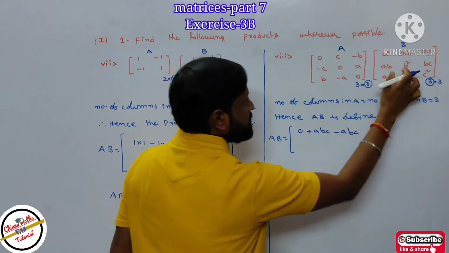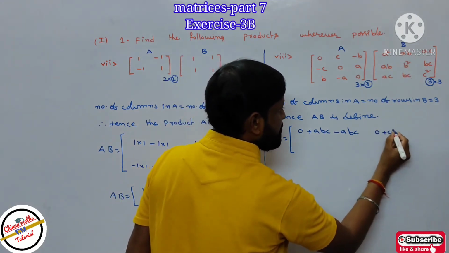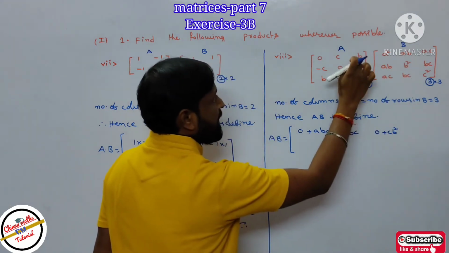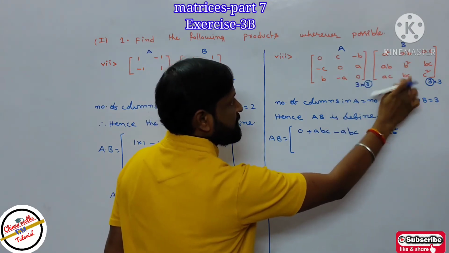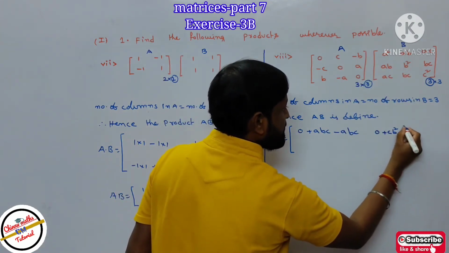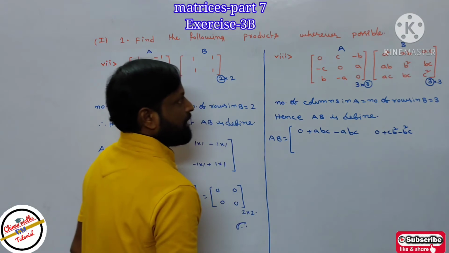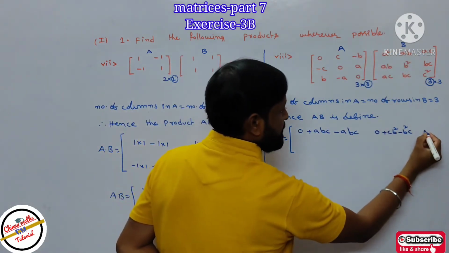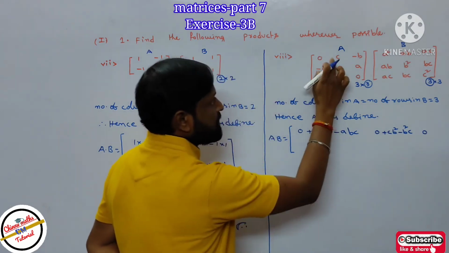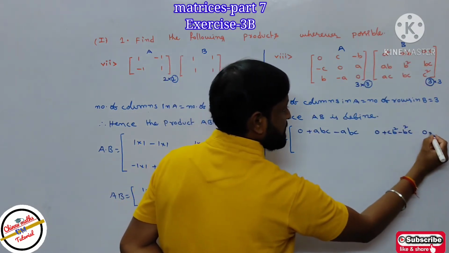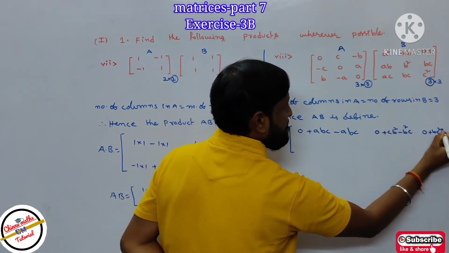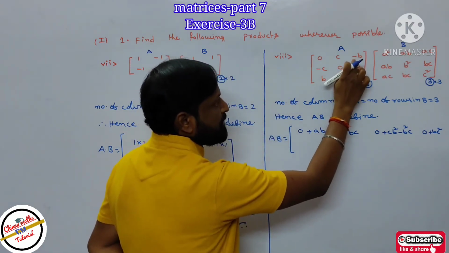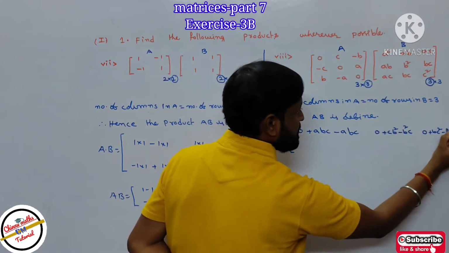Next C into B square, CB square. Next minus B into BC, so that is minus B square C. Okay. Next first row and last column, 0 into AC is 0. Next C into BC, plus BC square. Next minus B into C square, minus BC square.